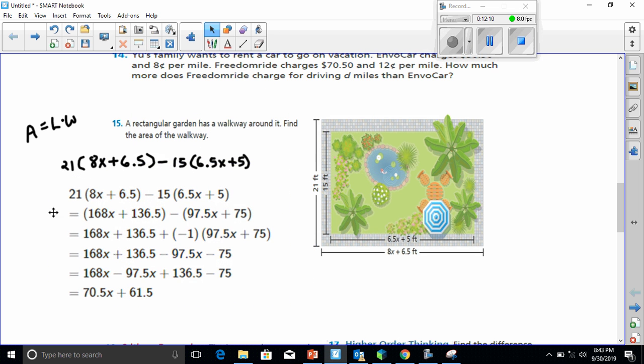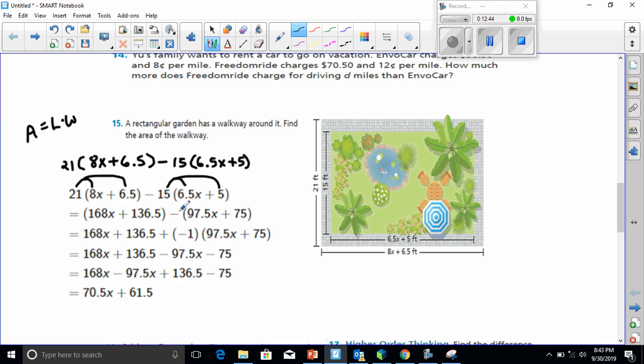As you can see, they took the 21 and multiplied it to 8x, right? And then they multiplied it to 6.5, and they got these terms here. They took the negative 15, actually they just took the 15, they left the negative sign there, multiplied it to 6.5x, and then multiplied it to positive 5, and they got 97.5x plus 75.